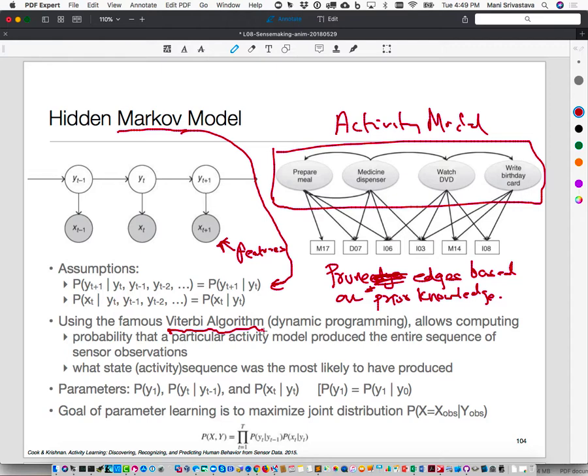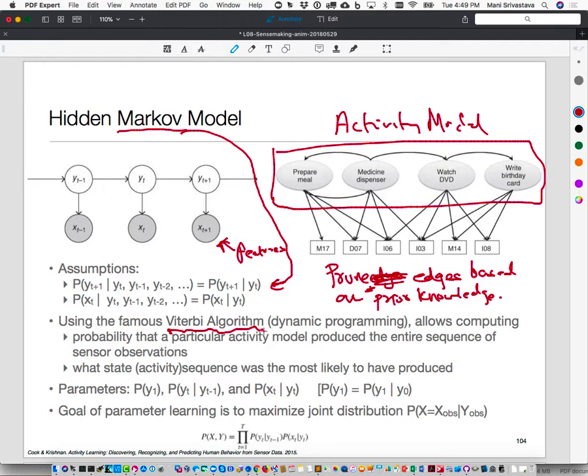If it is very low, you can say it's very unlikely. And the second thing is, we can also say which state sequence could have produced it. Remember, a sensor could be triggered by multiple activity states. So you could say this observation happened because the person took medicine and then watched DVD, for example. So we can provide an answer to that also.